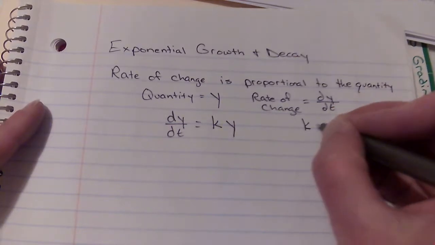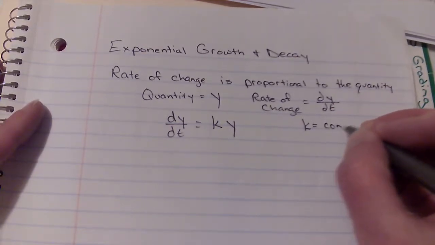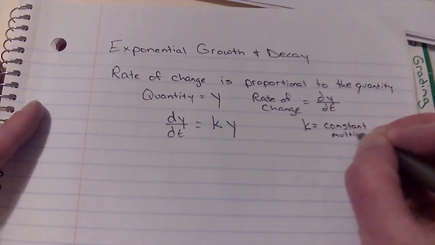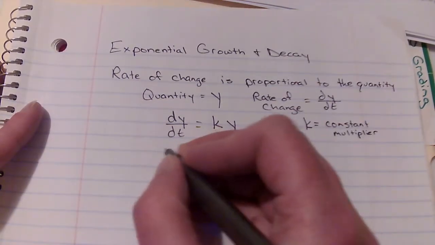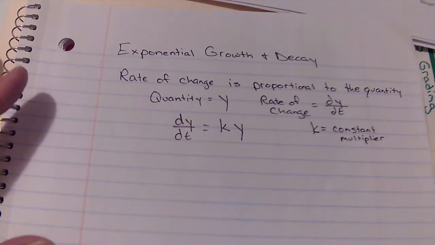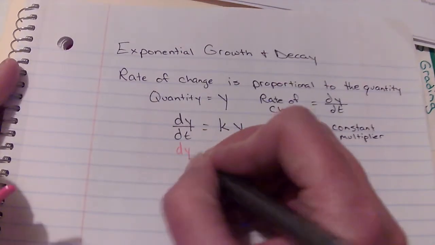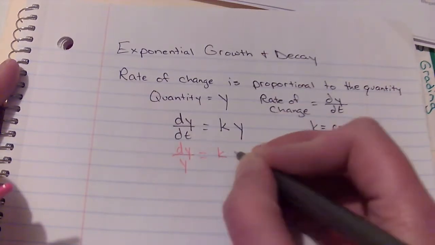K is a constant multiplier. So if I rearrange this, I'd put dy over y equals k dt.